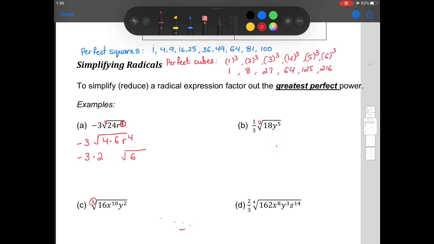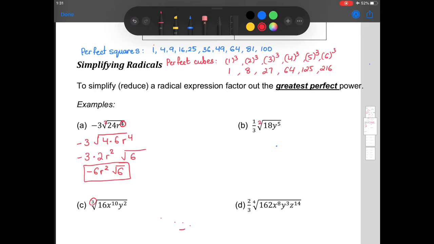The square root of r to the 4th is basically you dividing your power by the index. 4 divided by 2 is 2. So this would be negative 6 r squared radical 6, and that is your final answer.